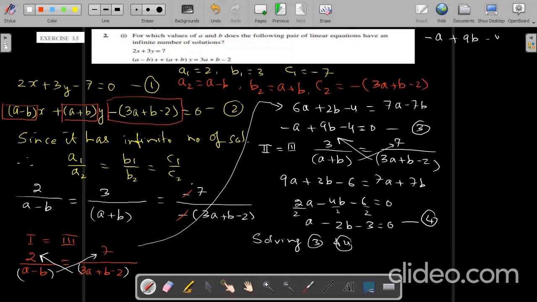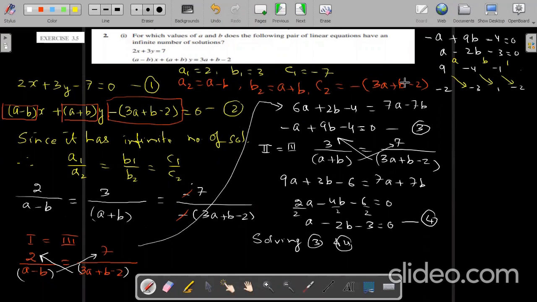The equations are in a and b instead of x and y, so we will get the values of a and b. This is our third equation, and the coefficients are 9, minus 2, minus 4, minus 3, then minus 1.